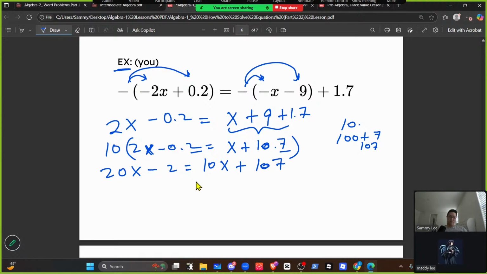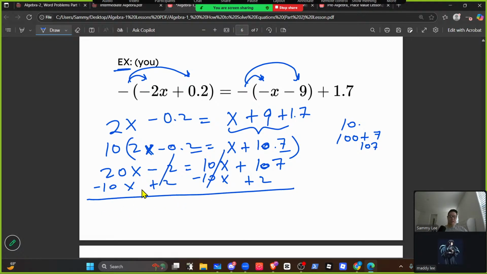Now we can just solve. We're going to subtract 10x from both sides and add 2 to both sides. That cancels, that cancels. 20x minus 10x is 10x equals 107 plus 2, which is 109. We divide both sides by 10, and so we have x equals 109 over 10.